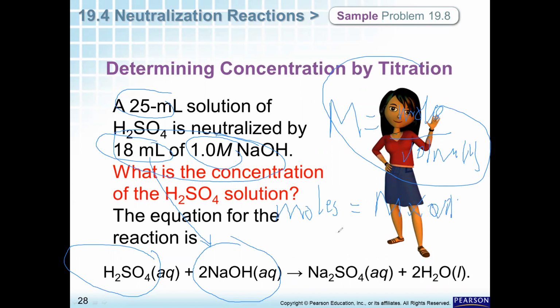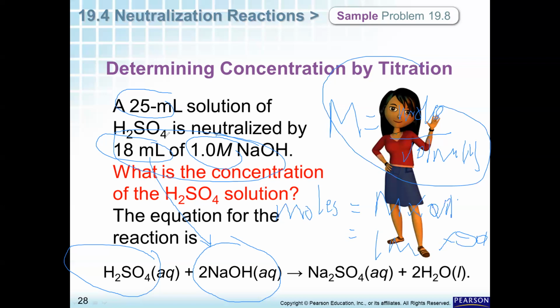We have the molarity of the sodium hydroxide, which is 1. So we have 1 molar times 0.018, not 18, because the volume has to be in liters. The 1 molar is 1 mole per liter, so the liter cancels with liter and we end up with the number of moles of sodium hydroxide.